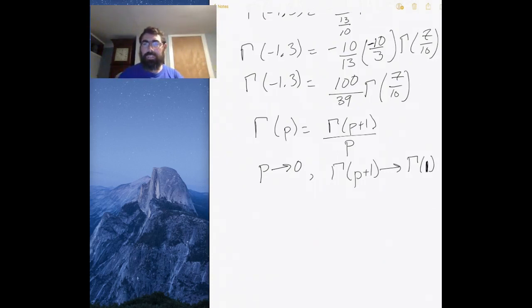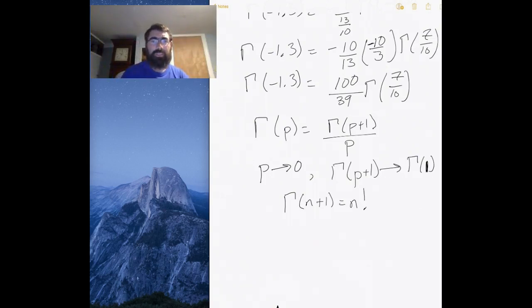And gamma of 1, if you remember, gamma of n plus 1 is n factorial.